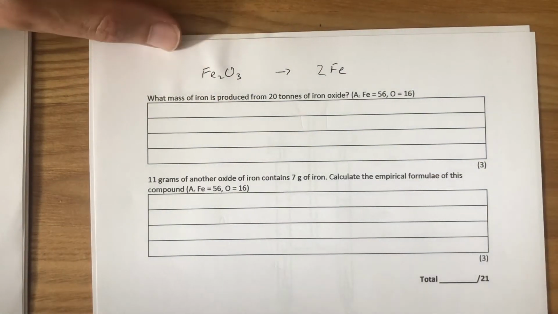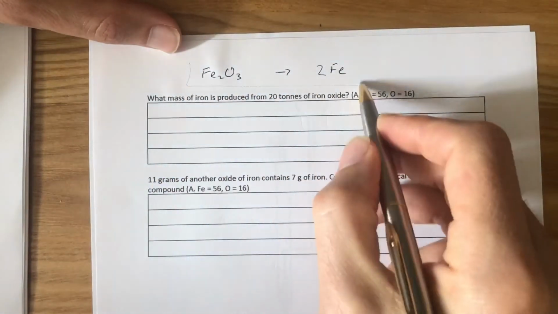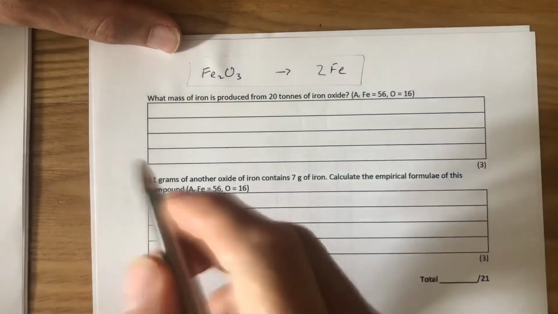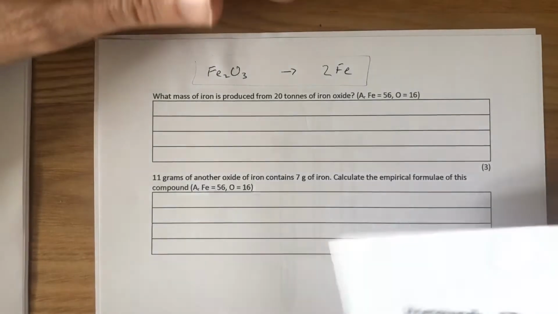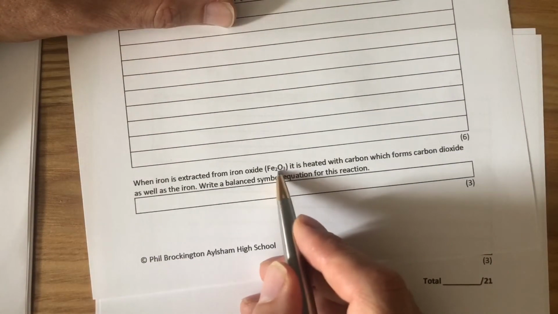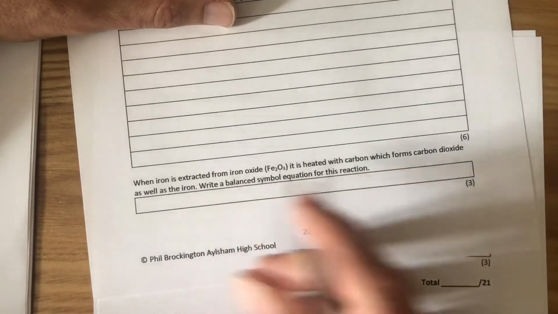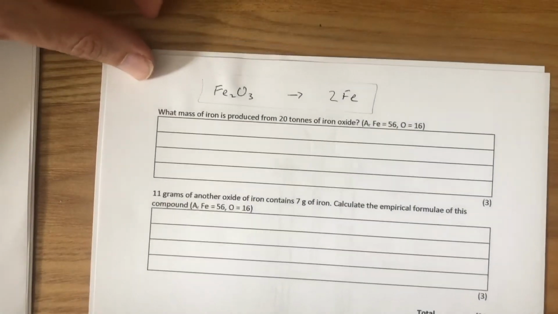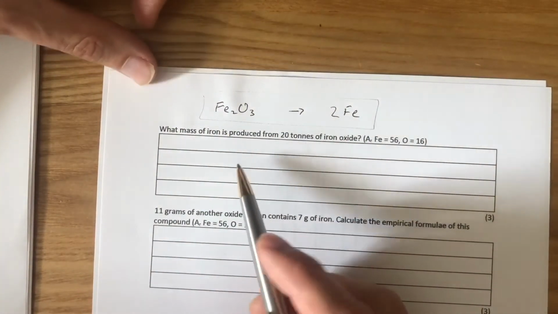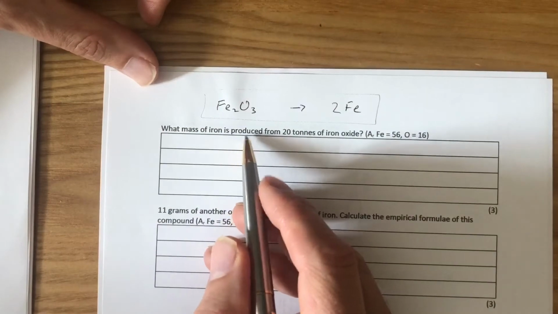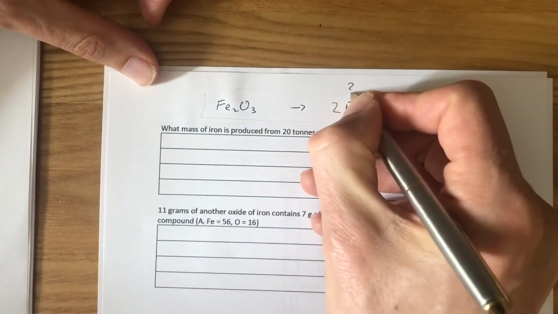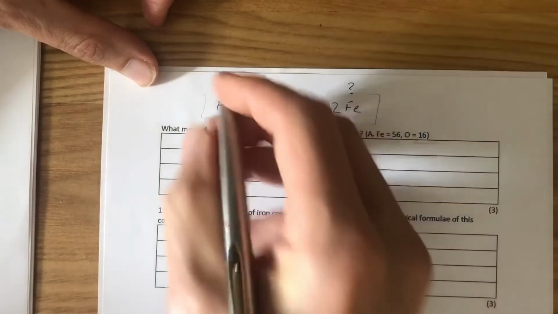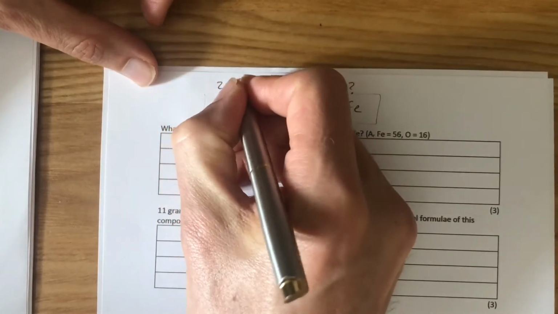So let's just work with that, because we can establish that from this question here, because we're told it's Fe2O3 and we're told it makes iron. So we don't actually need to worry too much about the rest of the equation, because we cross those bits out anyway. We can just work with this one. So what mass of iron, that's the question mark, is produced from 20 tonnes of iron oxide?